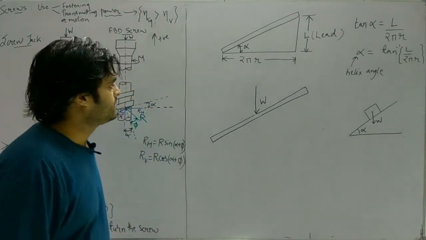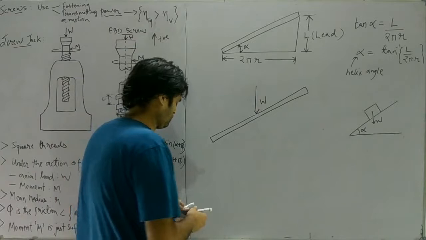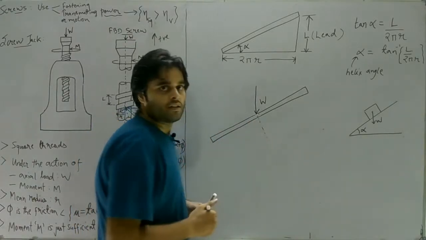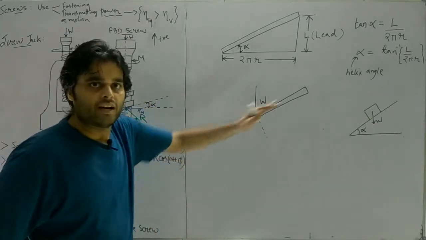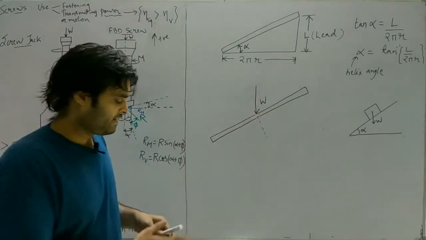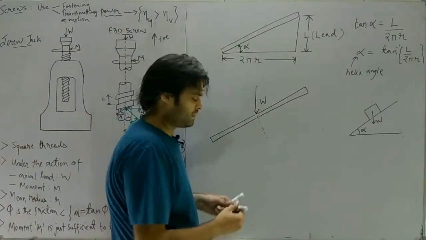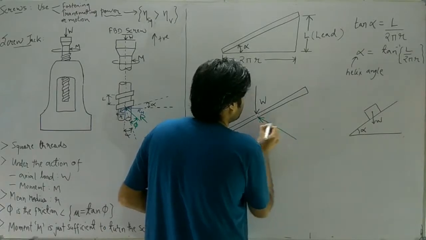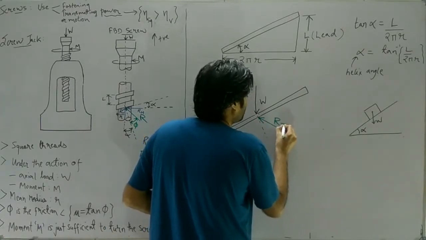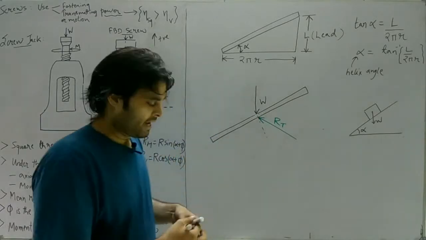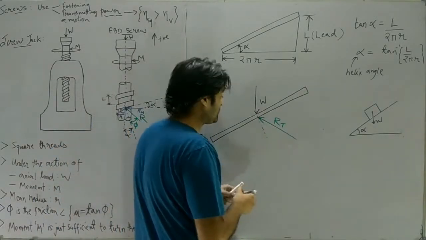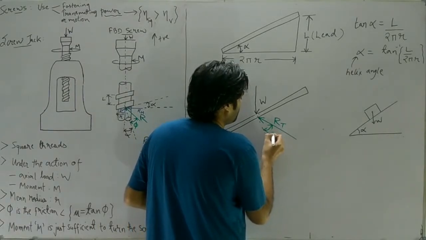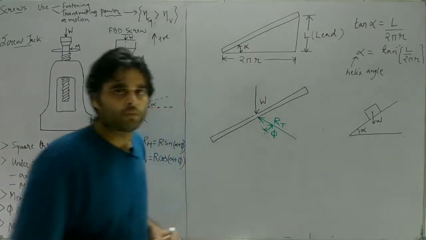And we know if this thread is sliding up on this incline, then frictional force will be backwards and the reaction from the frame will be R total, and it will be oriented like this, and this will be having an angle phi with the common normal.